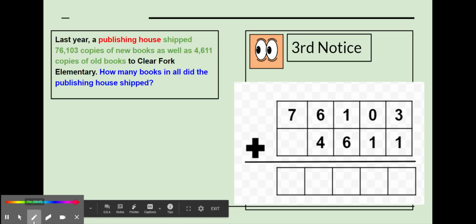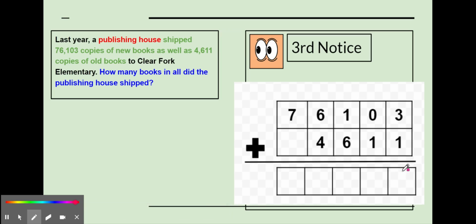So 3 plus 1 is 4. 0 plus 1 is 1. 1 plus 6 is 7. And 6 plus 4 is 10.